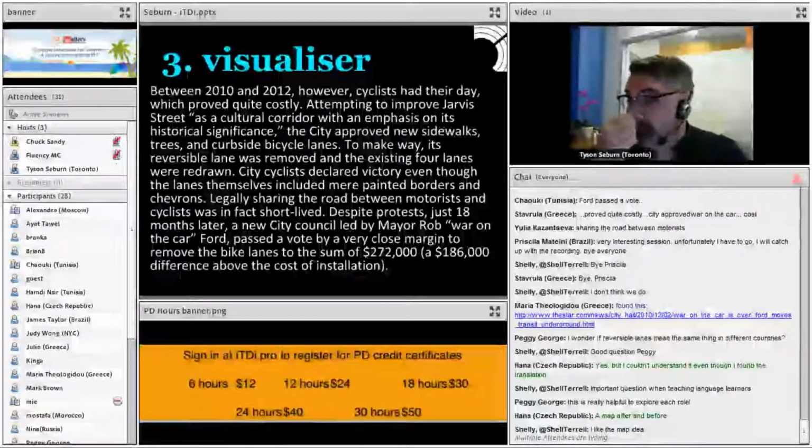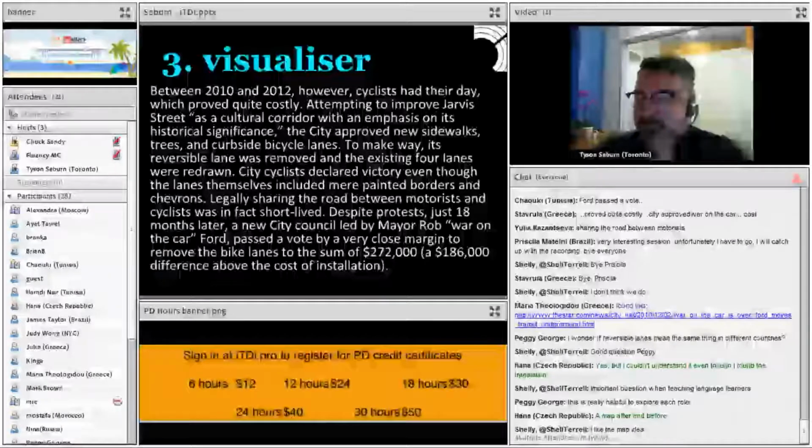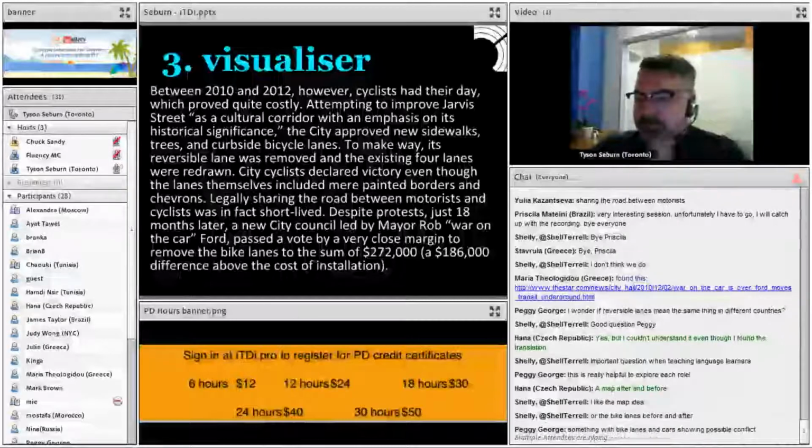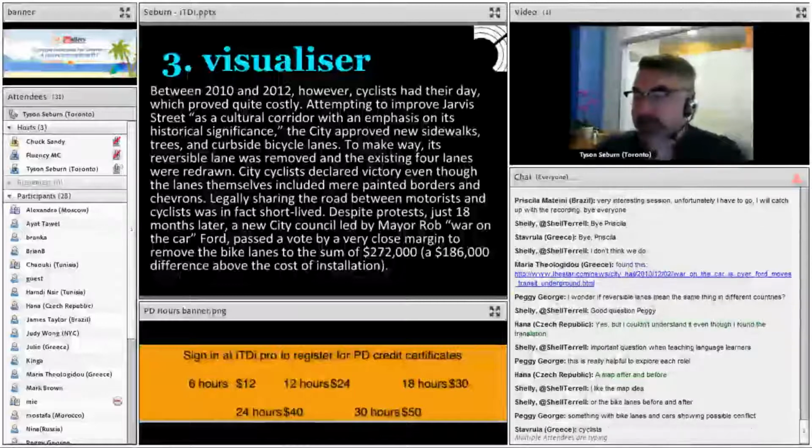Okay, so we've got maps. What the bike lanes look like. Yep. How they conflict with the cars a little bit. Sure. Yep.